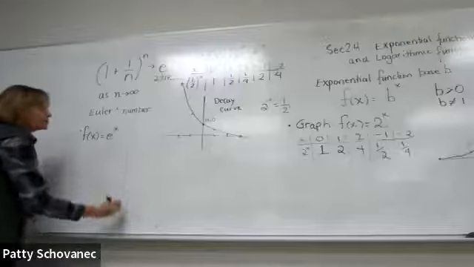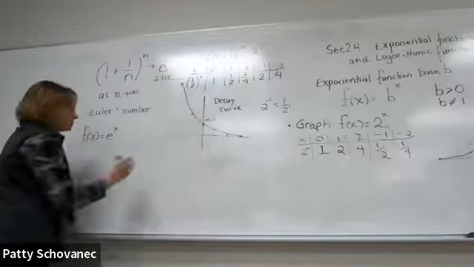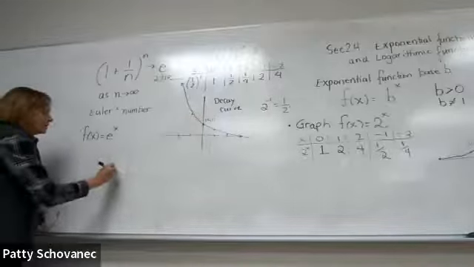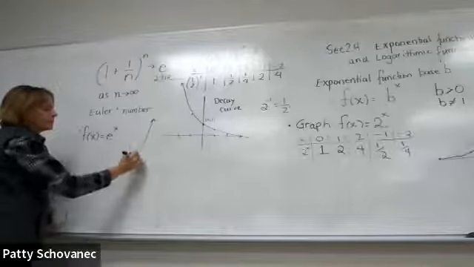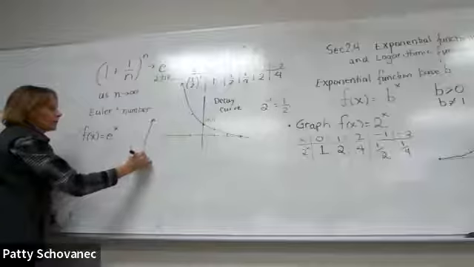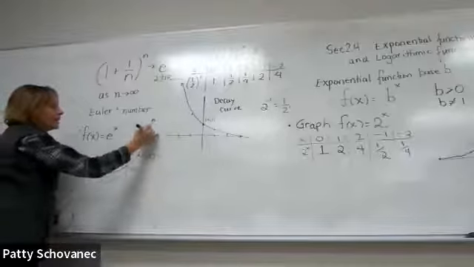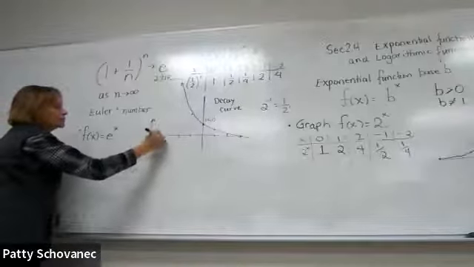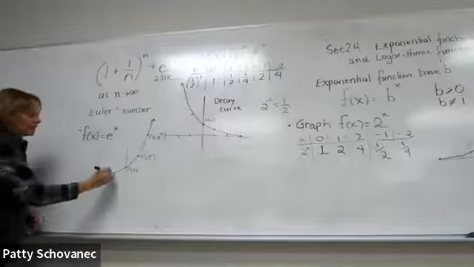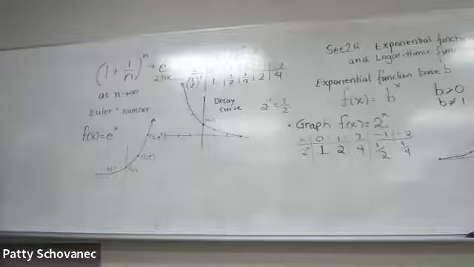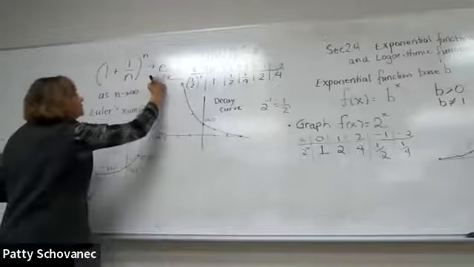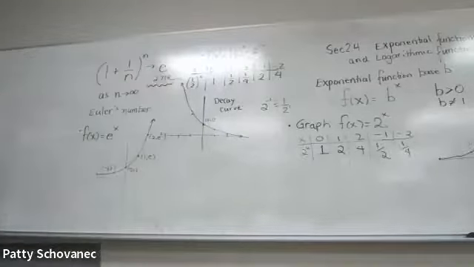So its graph is going to look exactly like the graph of 2 to the x, just at a different scale. It's going to go through 0, 1, but then it goes through the ordered pair 1, E and 2, E squared and negative 1, 1 over E, and so on. But it is a growth curve. And so when you see the number E, think of it as being not quite 3.